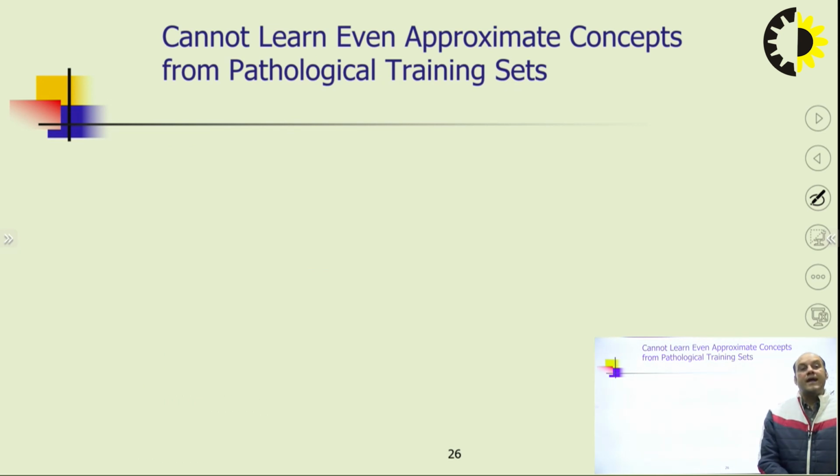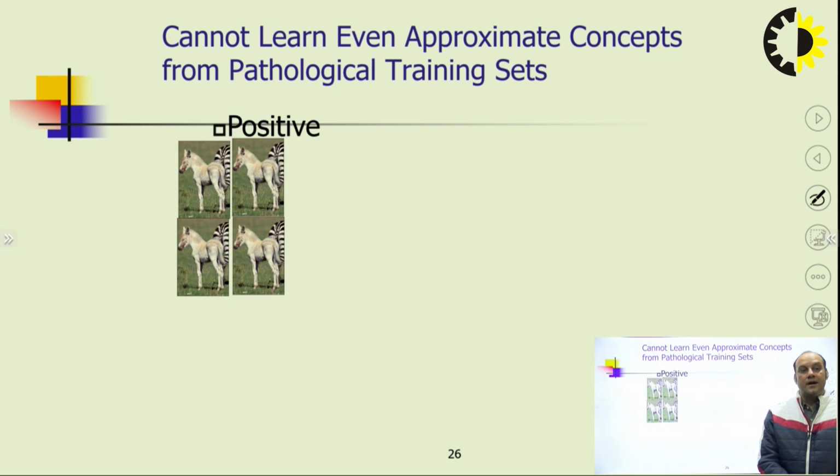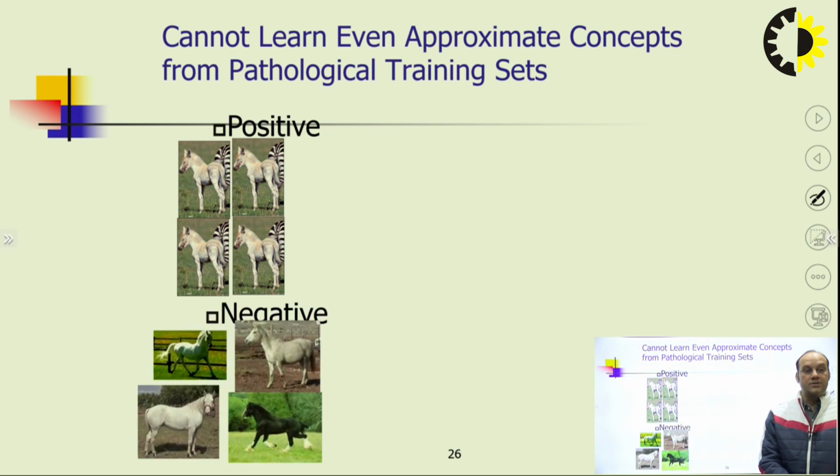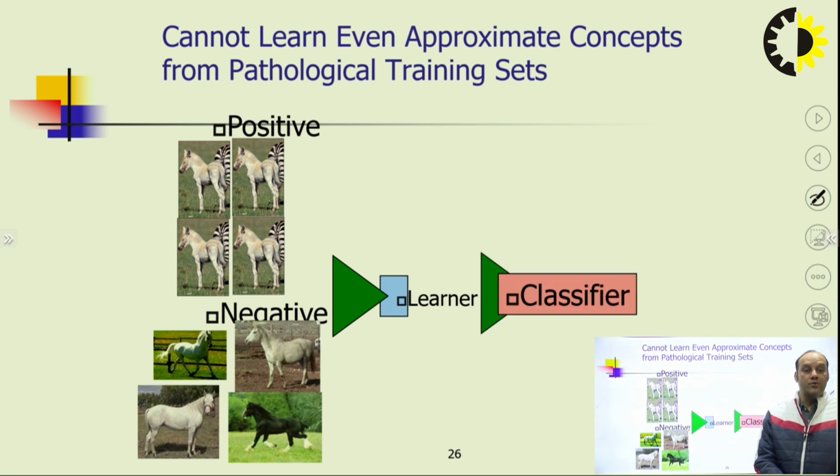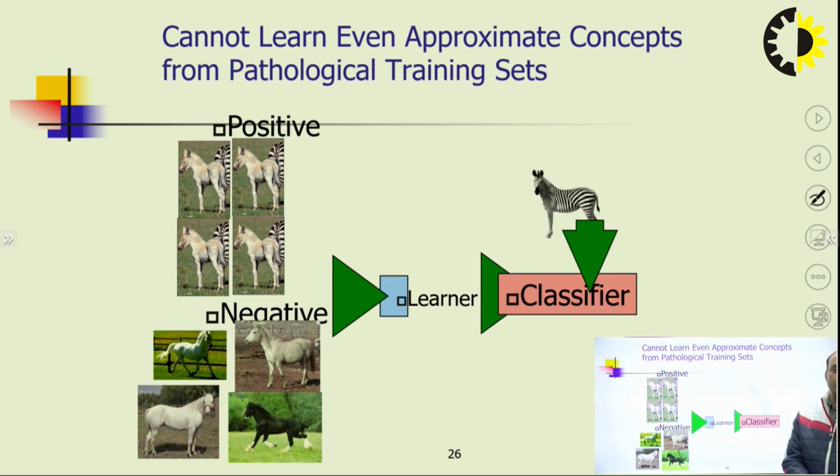So we cannot learn even approximate concepts from pathological training sets. This example also represents that the positive example consists of this figure of horse, and the negative example consists of this figure. So on the basis of pathological training sets, what will the learner do? The learner will just provide the input to the classifier.